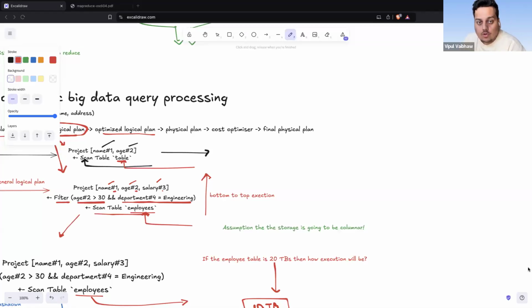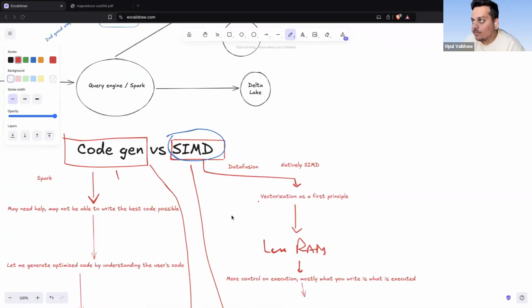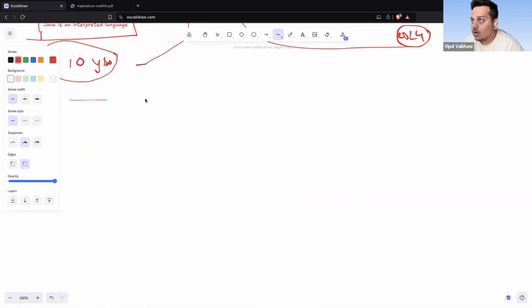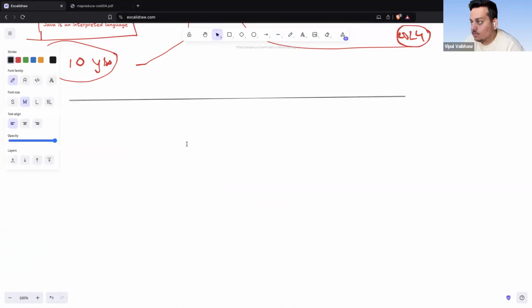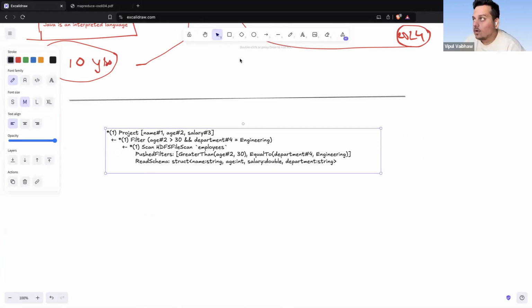All right, this is the example, I'll just write it down here, because now we are going to focus on the physical plan. So now we have got the physical plan. This is how the physical plan looks.